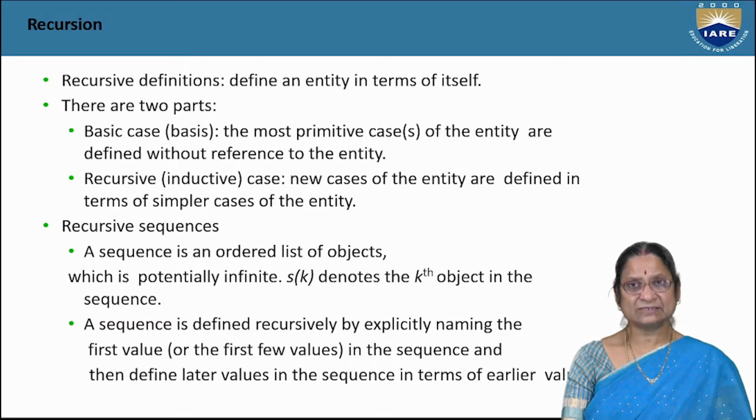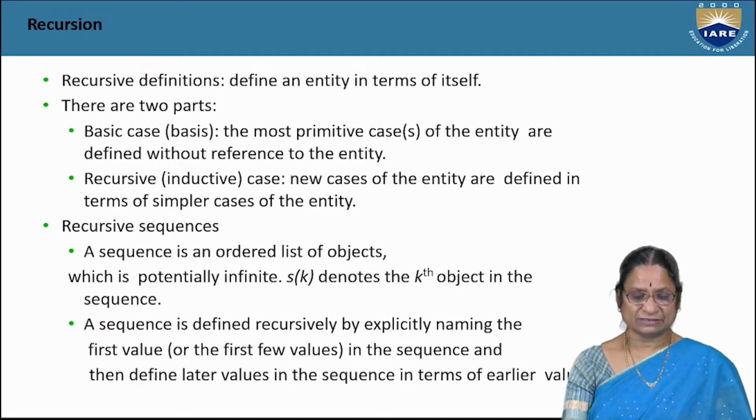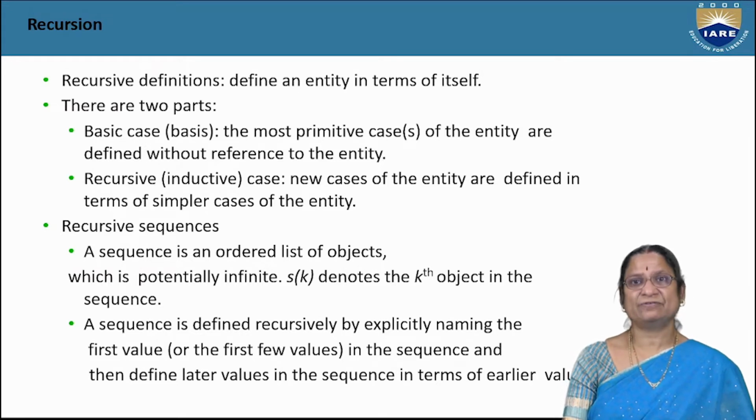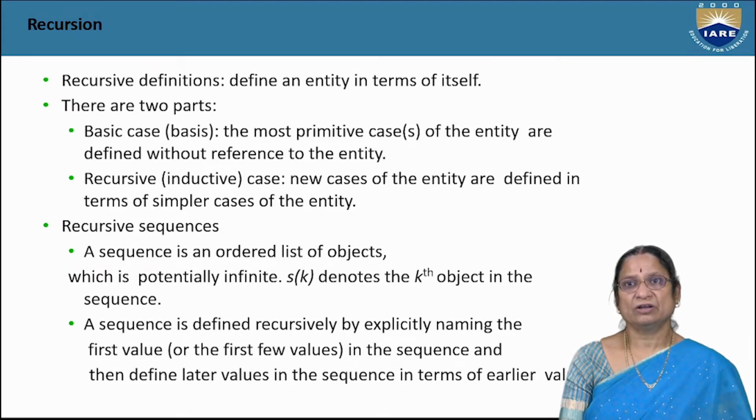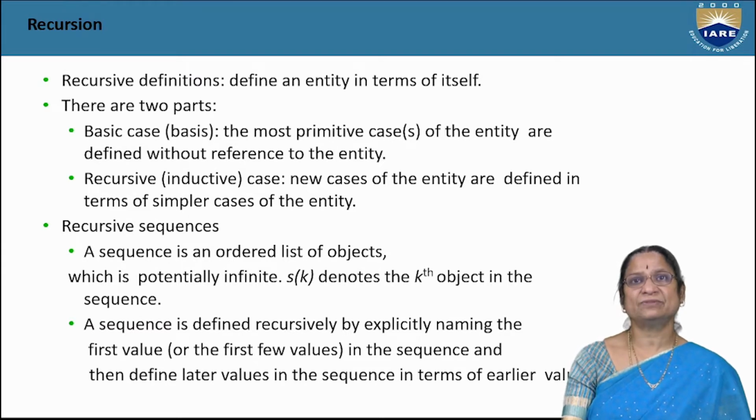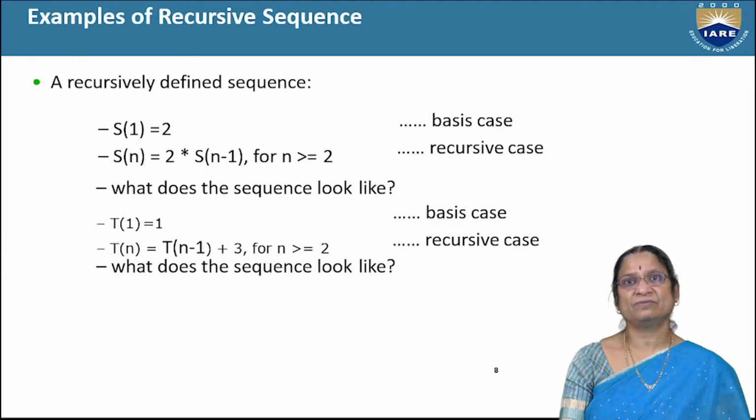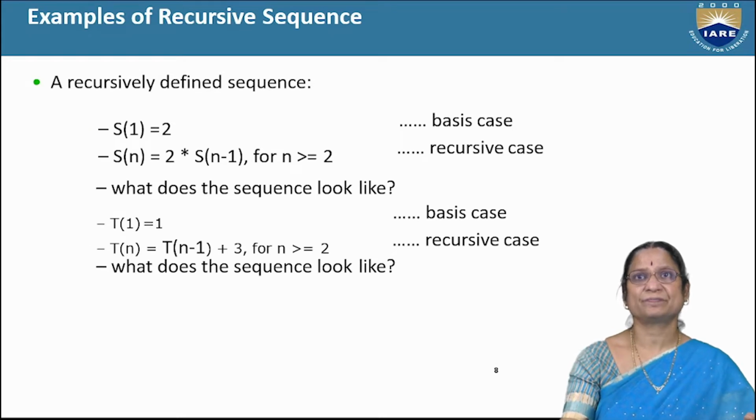A recursive sequence is defined in terms of naming that particular sequence itself. The first few values are specified for the sequence, giving values for the smaller terms. The latter values in the sequence are defined in terms of the earlier values, then we call it a recursive sequence.